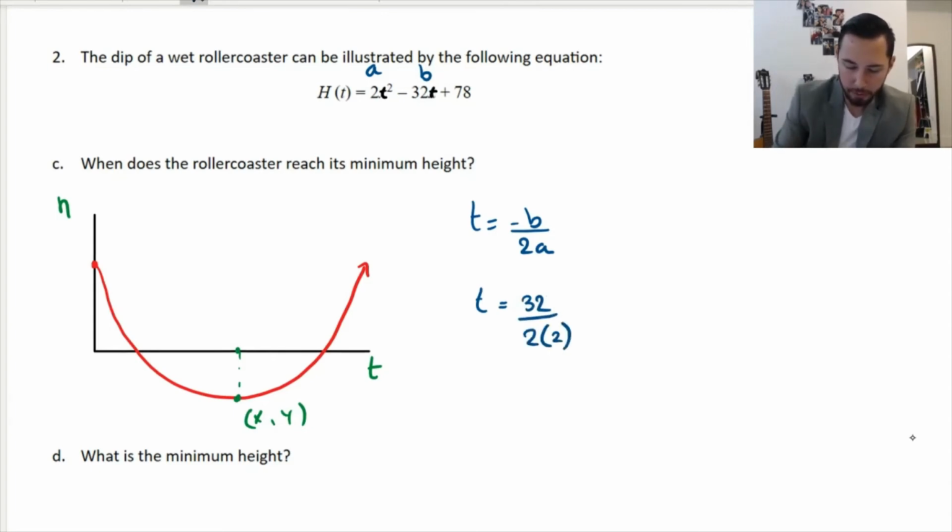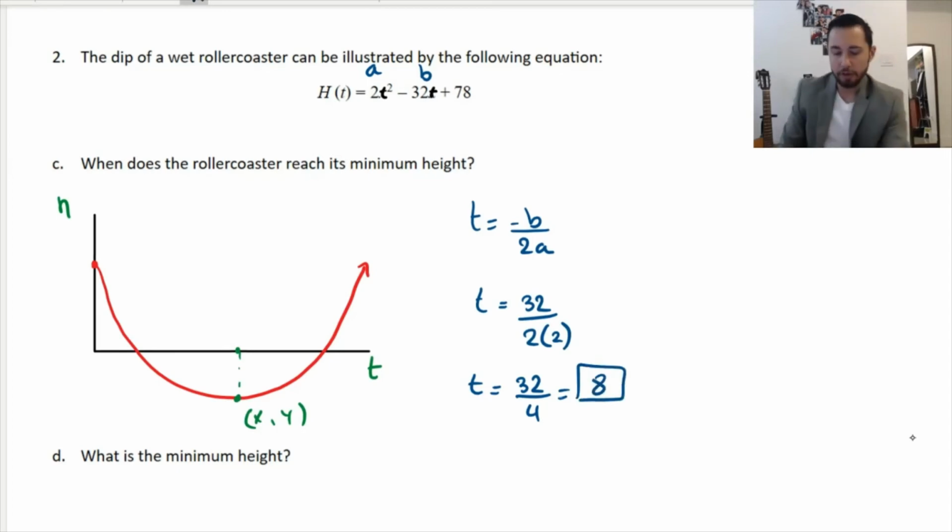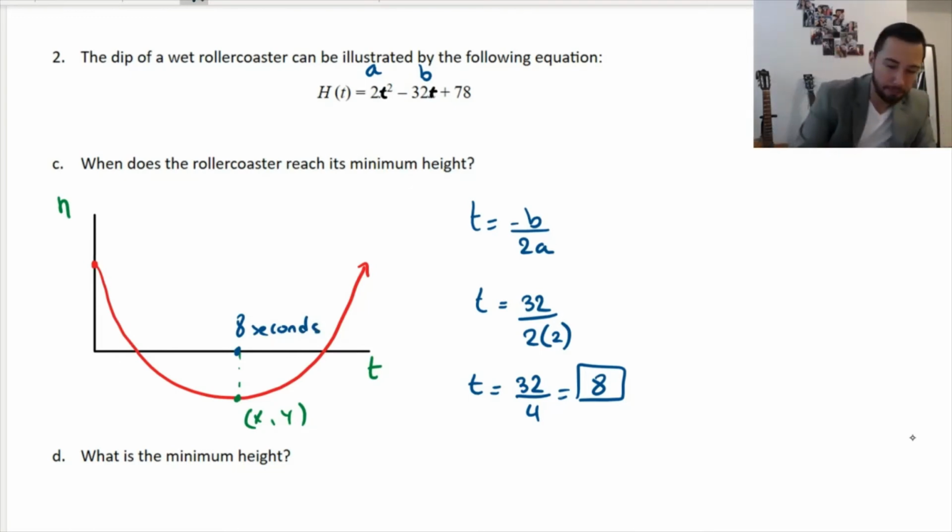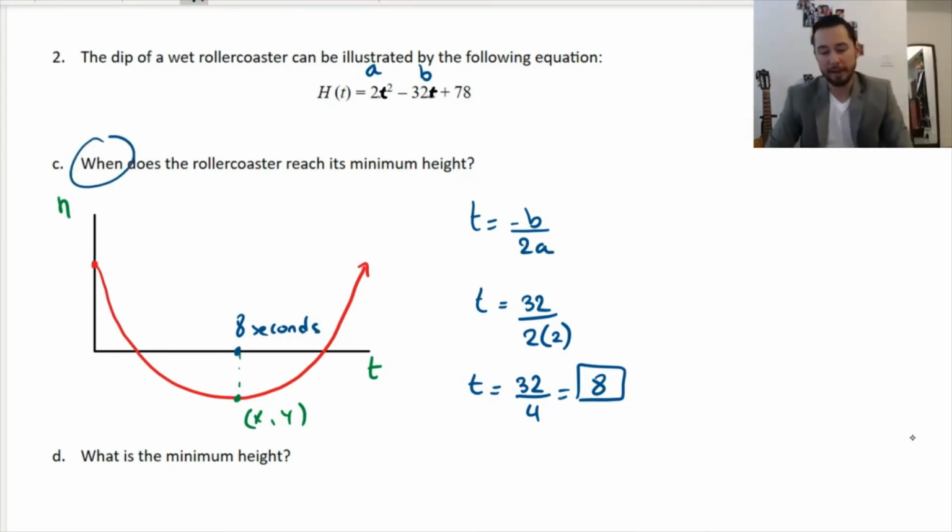So 2 times 2, so t is equal to 32 divided by 4, which is 8. So my minimum is going to happen at 8 seconds. I don't know what my minimum is yet, but they're asking me when does it happen? It happens at 8 seconds.